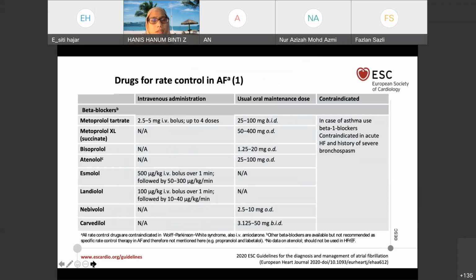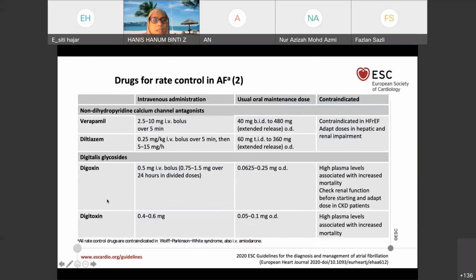Now these are the individual drugs for rate control. Like your beta blockers, you can have a look later. If patients have acute exacerbation of asthma, it is contraindicated. It's contraindicated in acute heart failure and a history of severe bronchospasm.